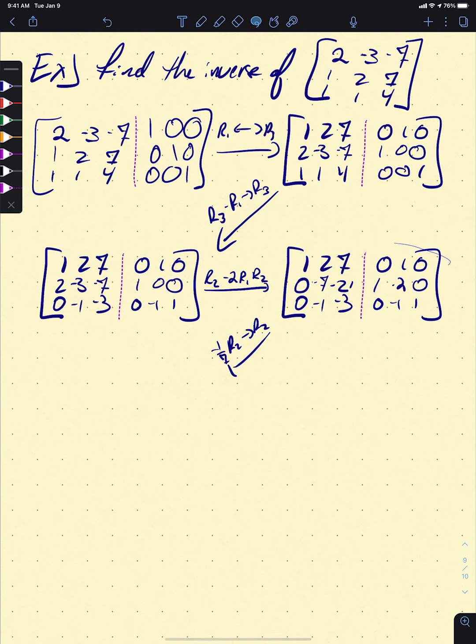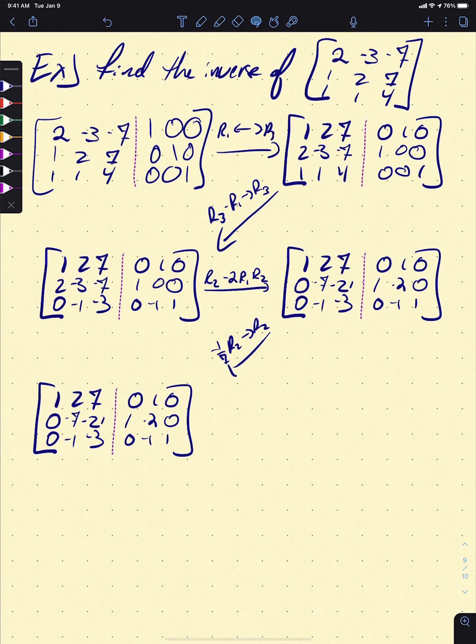So what do we get when that happens? All of these non-zero entries are going to get divided by negative 7. So we're going to get a 1, a 3, a 1/7, and a -2/7. And this is already starting to look like a problem, okay?